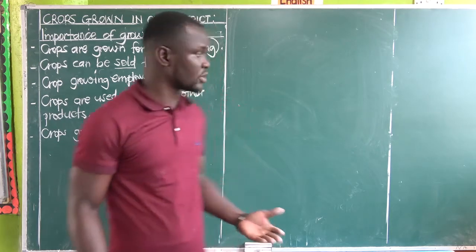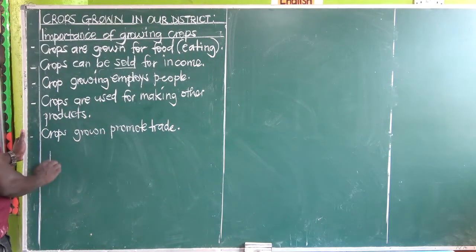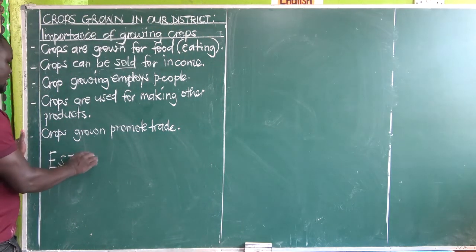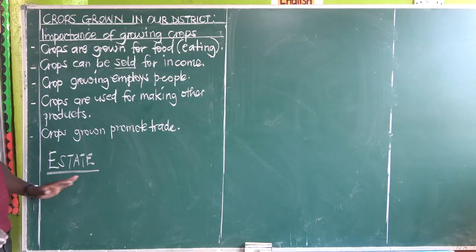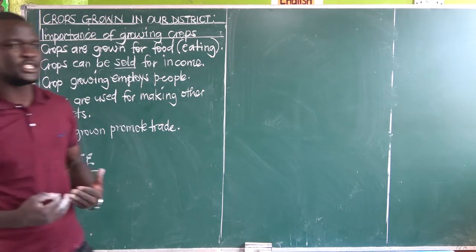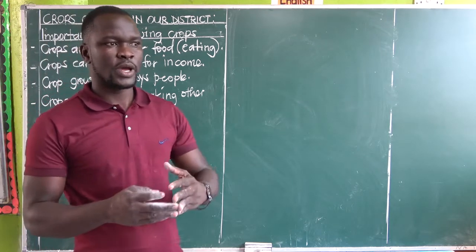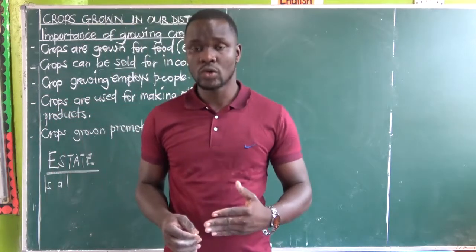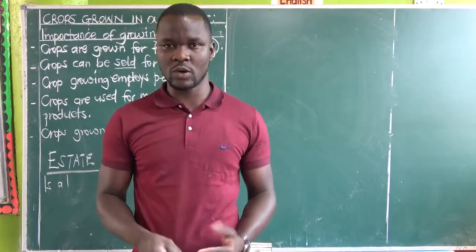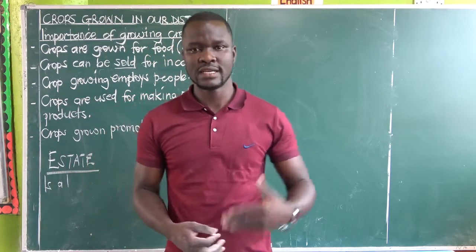We also have what we call estate farming, or estate growing. Maybe we shall talk about an estate. Here we mean a large piece of land, when a single crop is grown on a large piece of land. That's what we call estate farming.